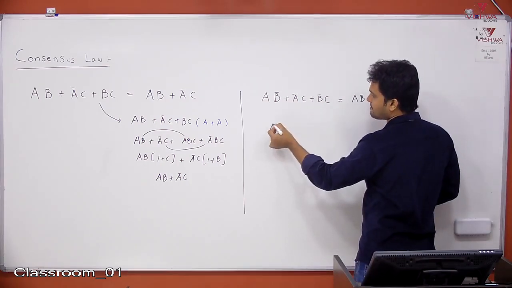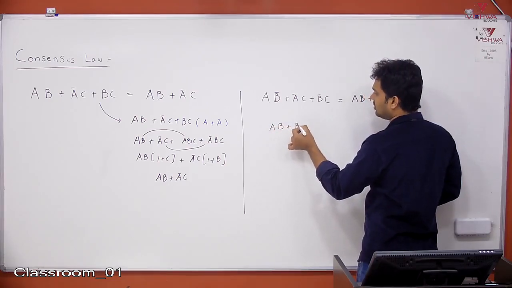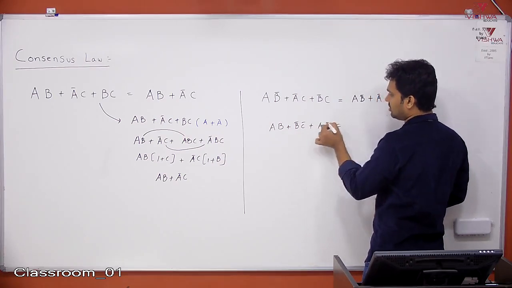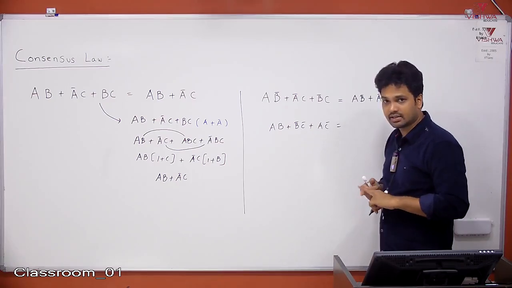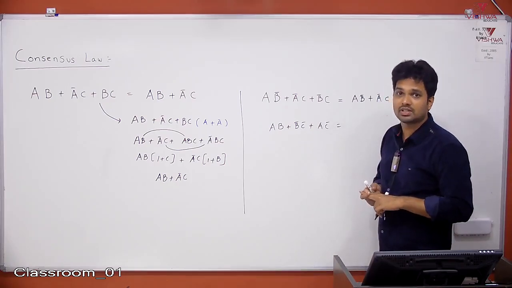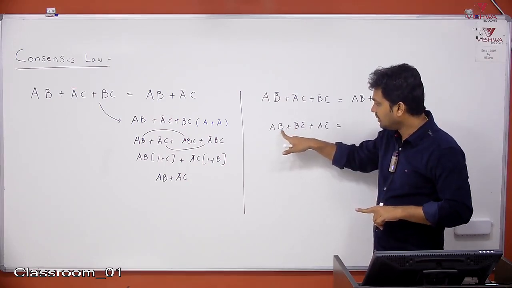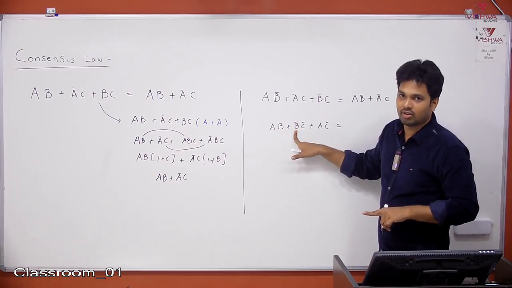Similarly, if you have AB plus B bar C bar plus AC bar, now what is the answer? Here please observe, all conditions are satisfied. Which variable is present in both normal and complementary form? B. B is appearing in both normal and complementary form.